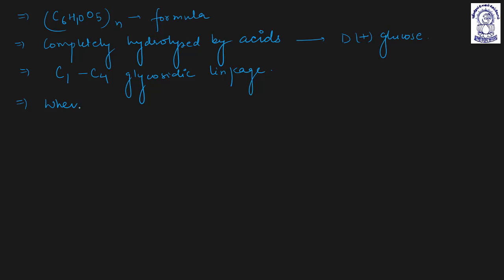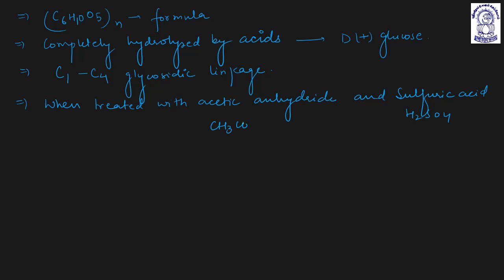When treated with acetic anhydride and sulfuric acid, that is H2SO4 and (CH3CO)2O, acetic anhydride, it forms octa-O-acetyl cellobiose.